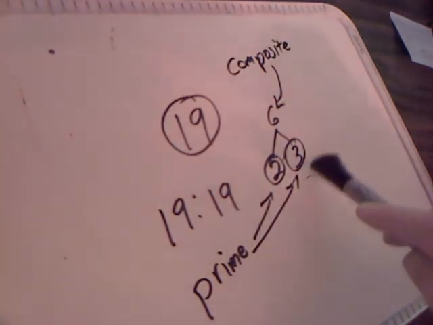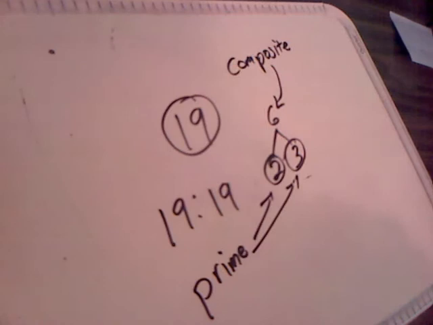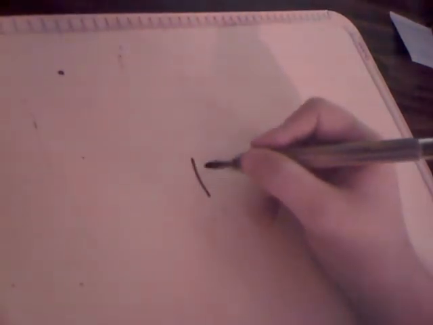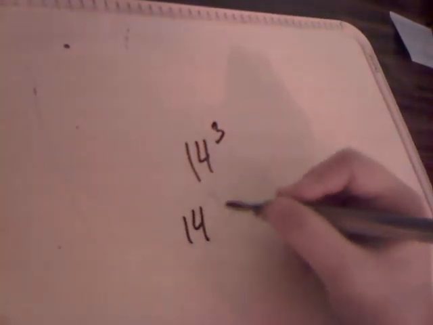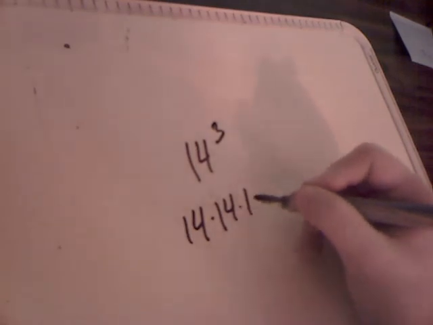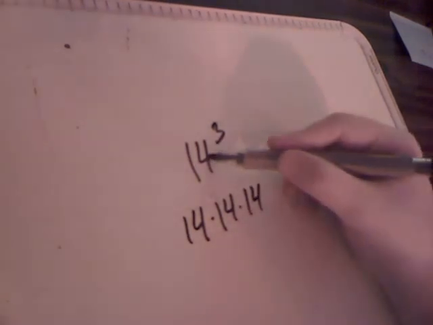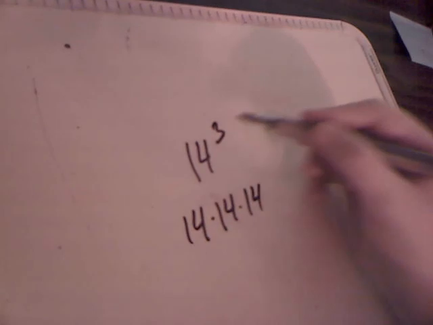It can be broken down into prime numbers. And then there's breaking an exponent back down. So if we had 14 to the third power, we would know that that means 14 times 14 times 14, because you will see the number 14 three times.